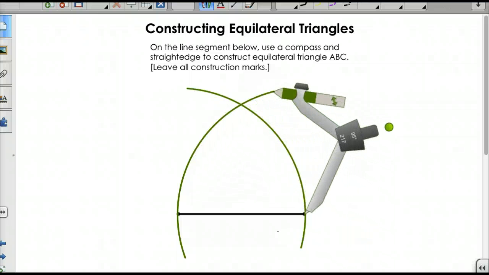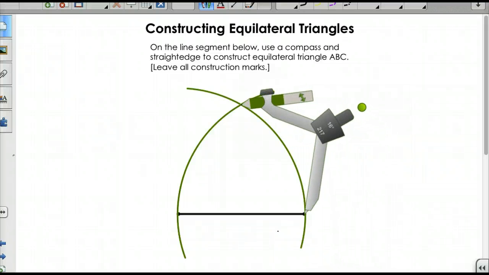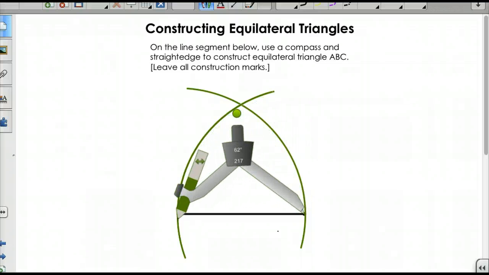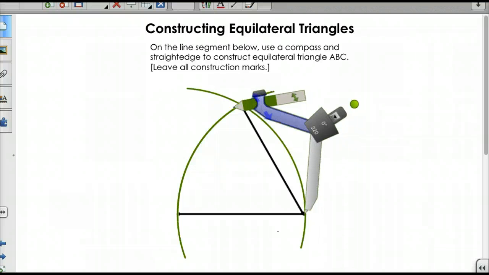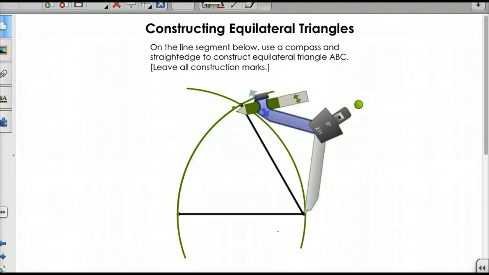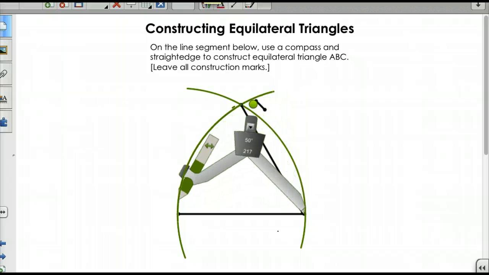Boom. Now, if you look here, you'll see that this length is the same length as over here. So if I drew a line from here to here, I know that this line is the same length as this line.